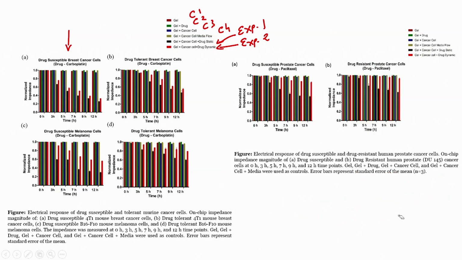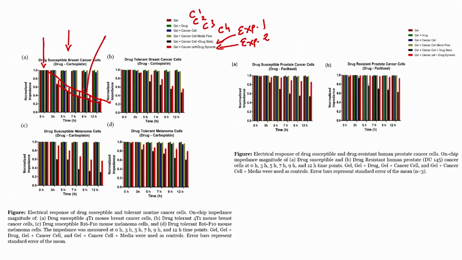Now, let us see. If you see at 0 R, the impedance is almost 1, which is normalized impedance, and as you keep on increasing the R's from 0 to 3 to 5 to 7 to 9 to 12, you can see a change in impedance for our experiment which is static, which is here, and dynamic.